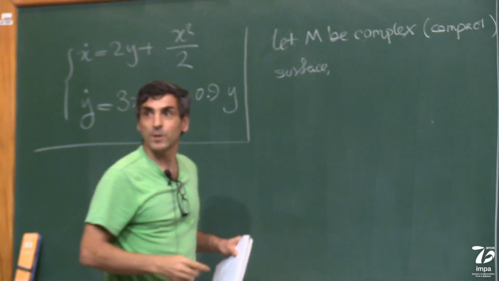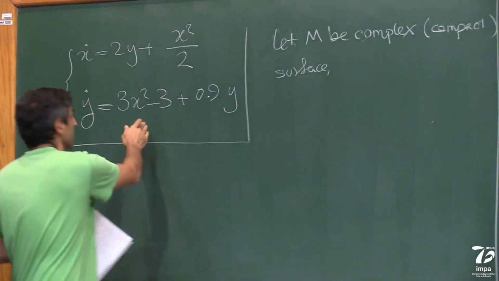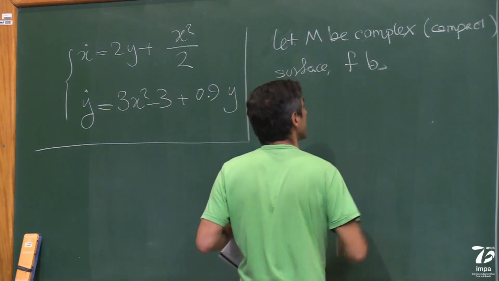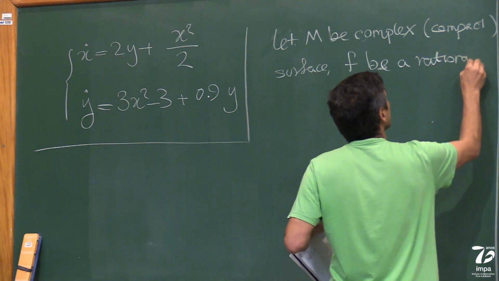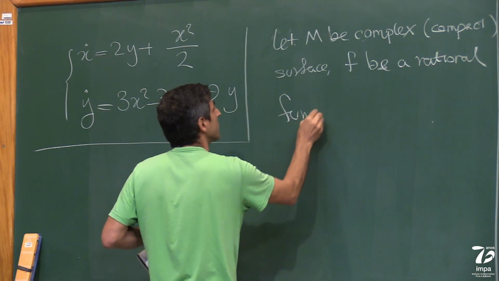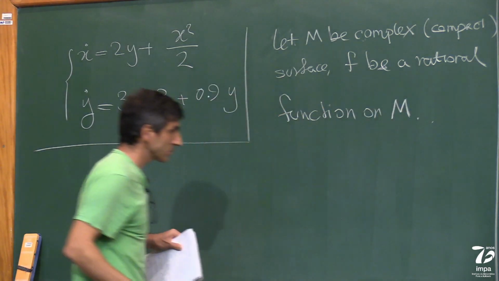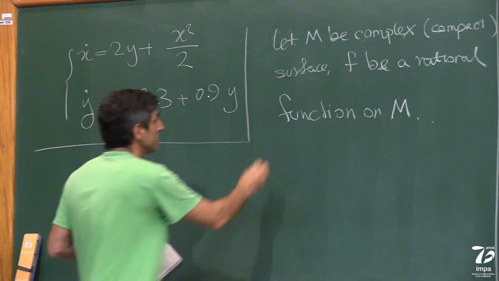But I will reduce it to the example that I have here. And let F be a rational function on M. Really, the context goes in this generality.